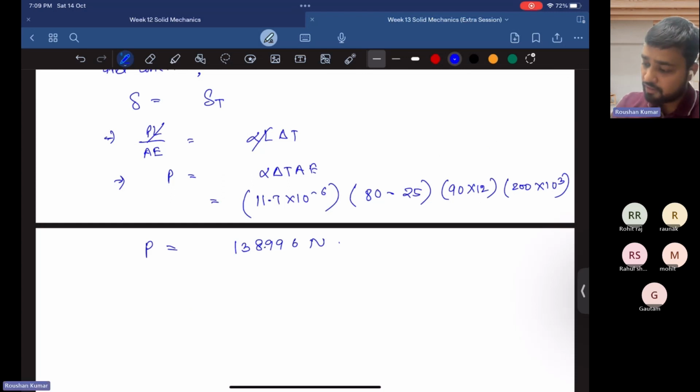If I calculate this, let me check again. 80 minus 25 into 11.7 into 90 into 12 into 200.